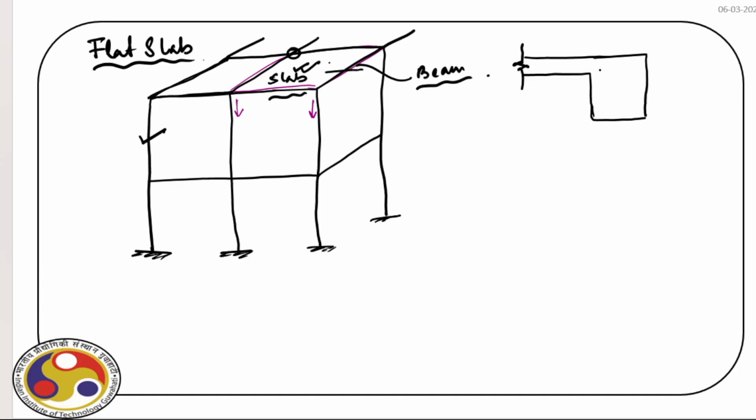Now, just imagine the construction. We have this stirrup, that is the shear reinforcement. Then we have here the main bars. And if you recall, for slab, we have also reinforcement coming, right? So it is like this.